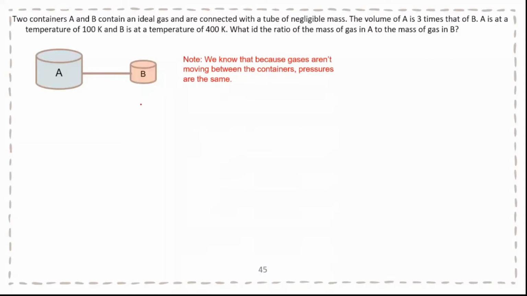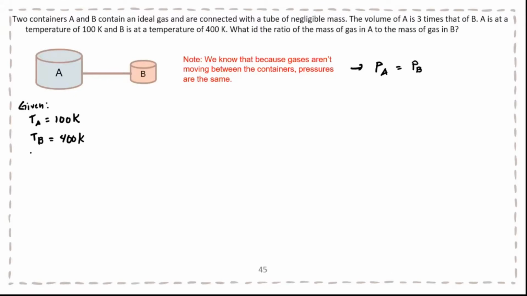So to solve this, we need to write everything that is given. From this concept, we know that pressure A is equal to pressure B. So we write all the given. We are given the temperature of A, which is 100 Kelvin, also the temperature of B, which is 400 Kelvin.